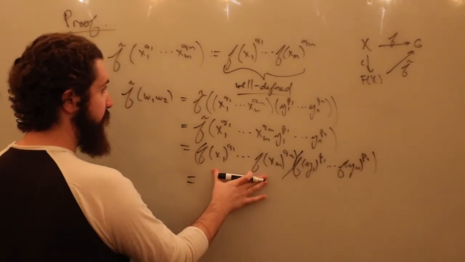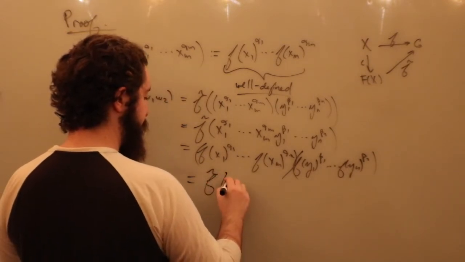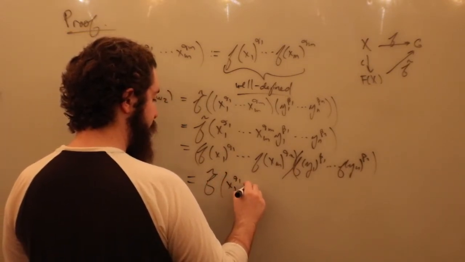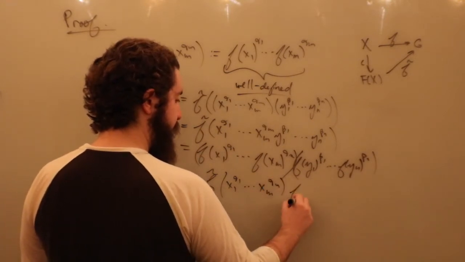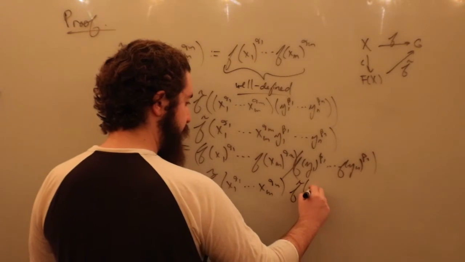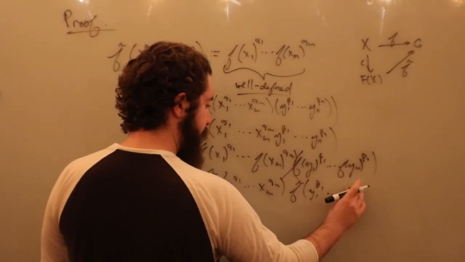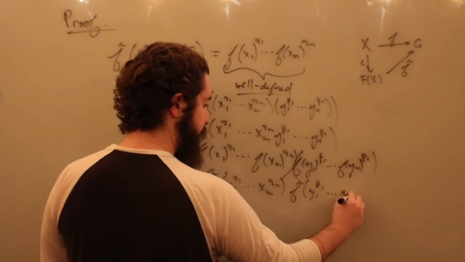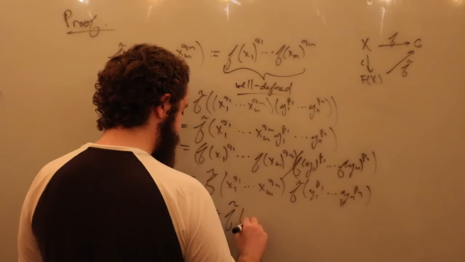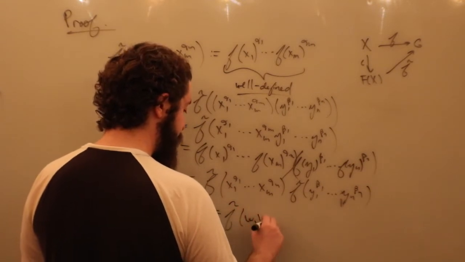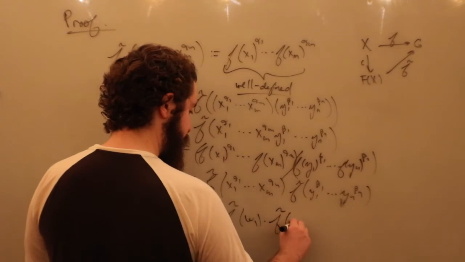And this is going to be, by this definition, f tilde of x1 to the alpha 1 all the way up to xm to the alpha m times f tilde of y1 to the beta 1 all the way up to yn to the beta n. And this is equal to, of course, f tilde of w1 times f tilde of w2.